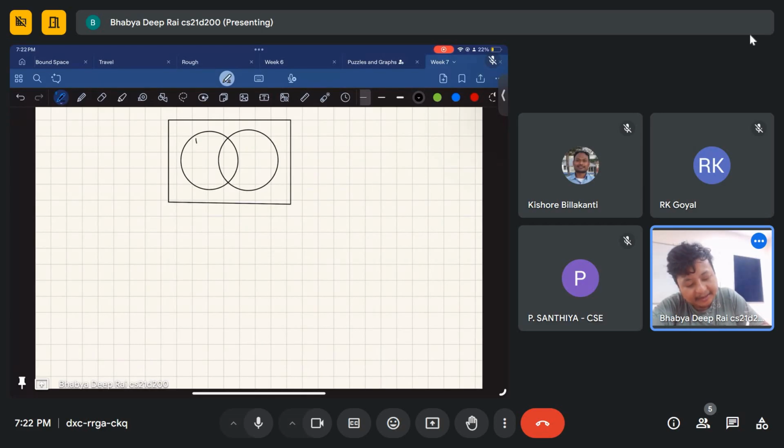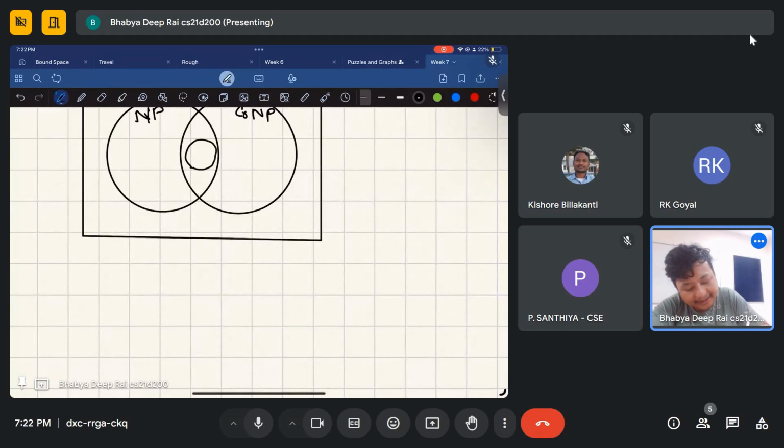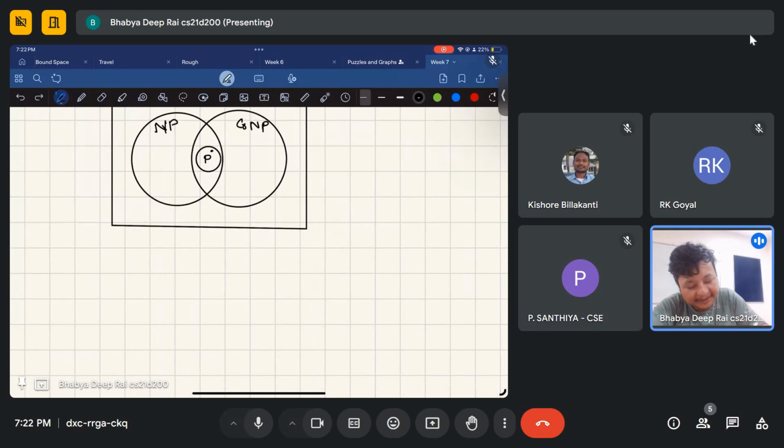This is NP, this is coNP. Now P is sitting here. If a language is in P, it should be there in coNP also. It's both contained in NP as well as in coNP. But whether P is exactly NP intersection coNP, we do not know.